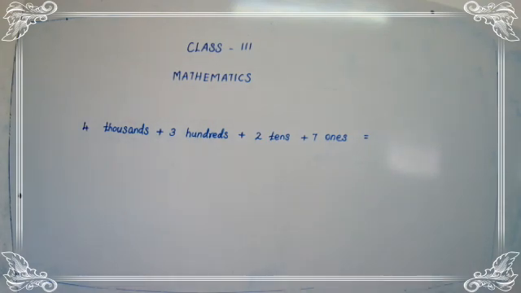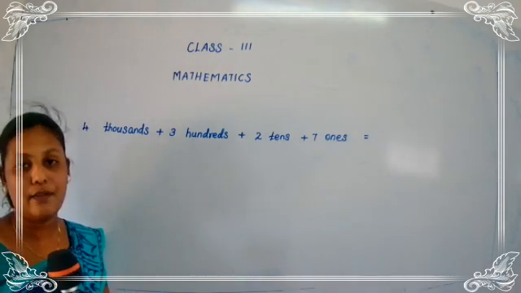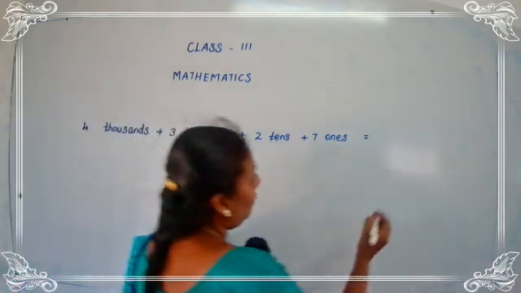Now we want to write it in the short form. Write the short form for the given number: 4000 plus 300 plus 2 tens plus 7 ones. First we have to mark the periods.